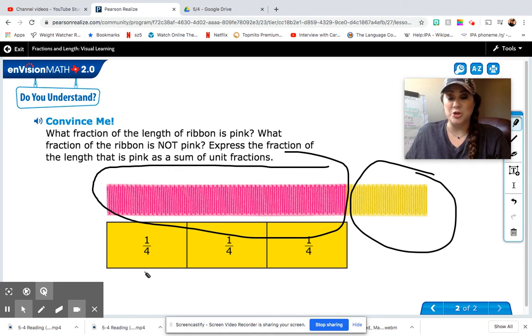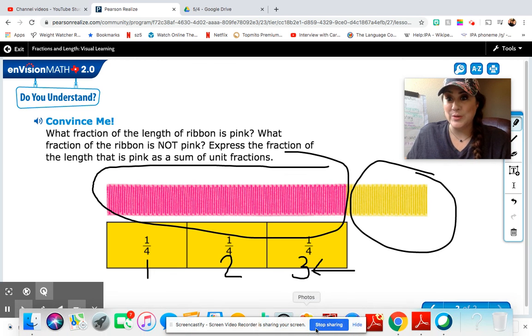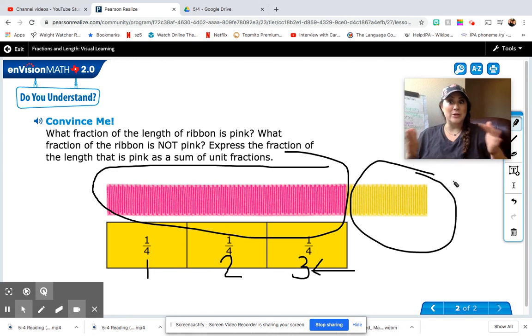So that means you're probably going to count 1, 2, 3. That is likely your numerator. And then you already know what the denominator is. I hope my clues helped you. Again, go back, watch the video, or read the different pictures on page 590 if you need some clarification.